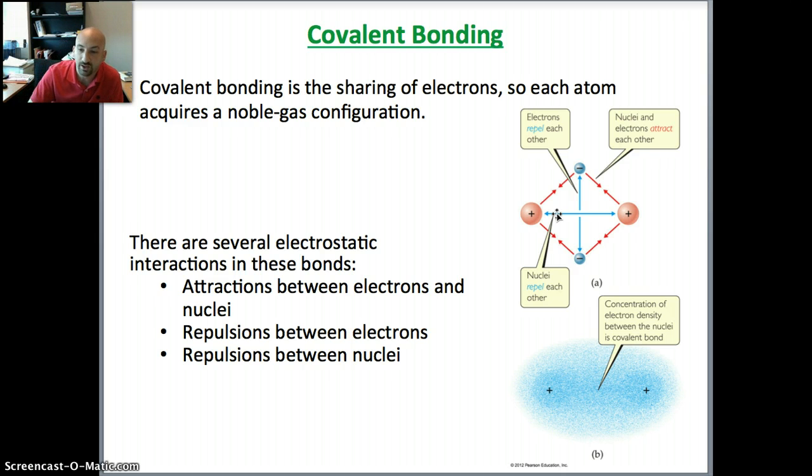If we think about hydrogen as an example, the electrons are repelling one another, the nuclei repel one another, but then the nuclei and the electrons are attracting one another. So this is a good picture, with the electrons pushing against one another, the nuclei pushing against one another, but at the same time the nuclei and the electrons being attracted to one another.